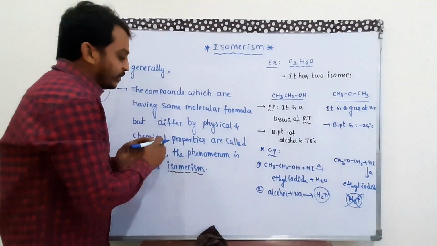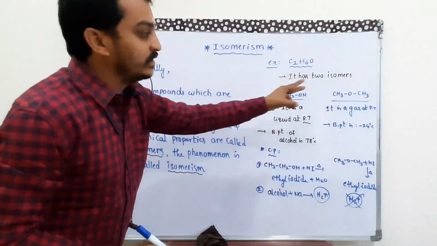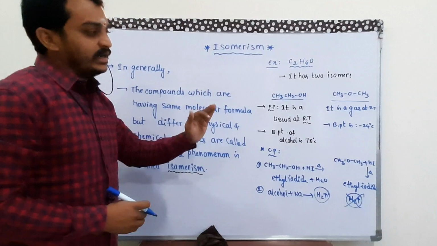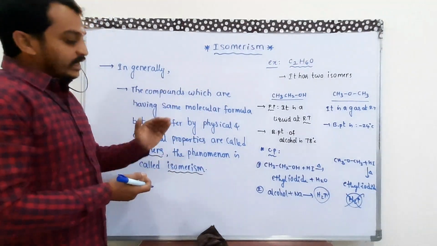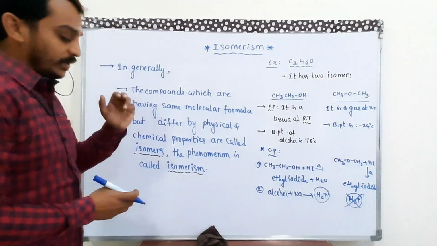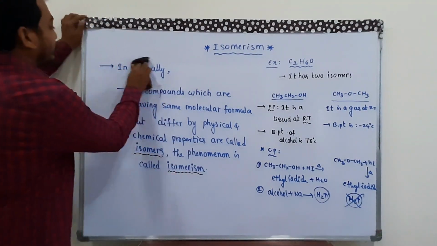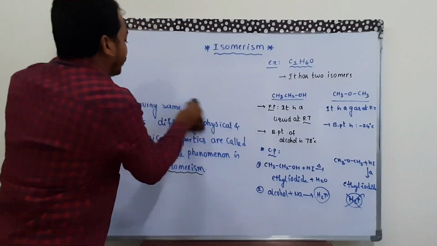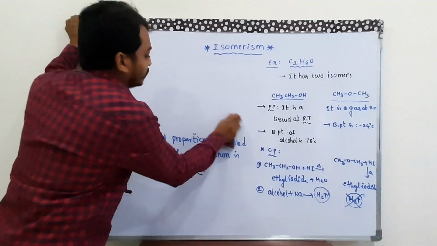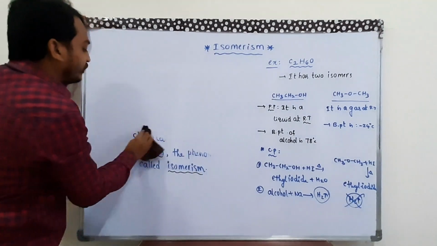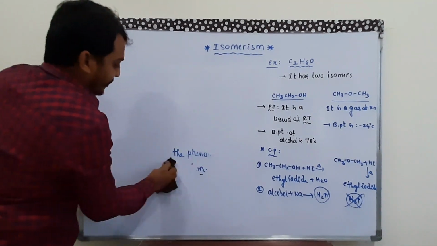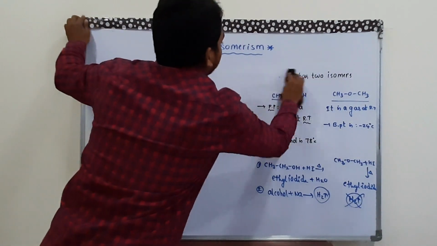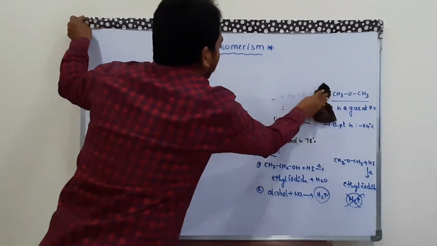Why should we learn isomerism? This is a general explanation only. These are two kinds of compounds, but both are isomers. Based on that, isomerism is classified into two types. Classification of isomerism: one is structural isomerism, another one is stereoisomerism.